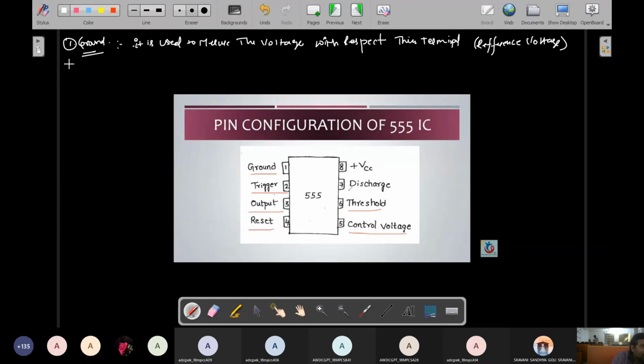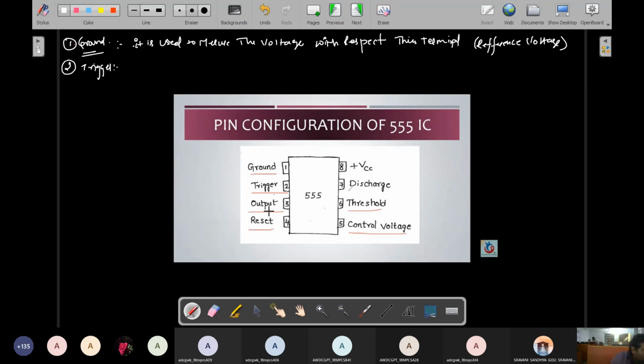And the second one is trigger. What is the use of trigger? The output of the timer can be controlled by this pin. I already told you in the previous case that the 555 IC is a timer circuit, so the output we get is also a timer function.